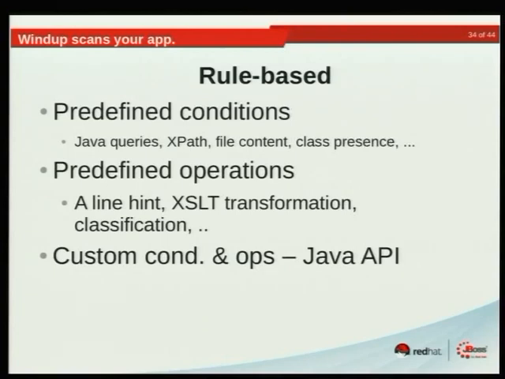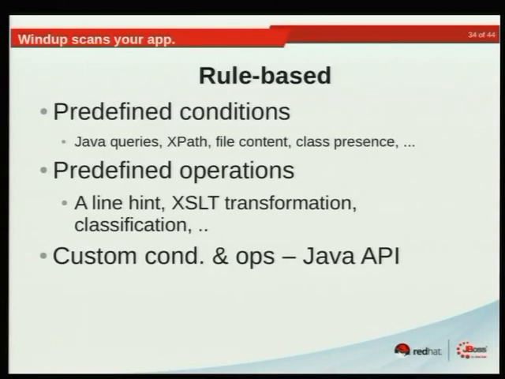Let's say that you find an annotation of entity on some Java class, then you know that you can classify it as an entity bean, in which case it appears again in the statistics, and it's on the EJB report, which is another special report page of the Windup report.